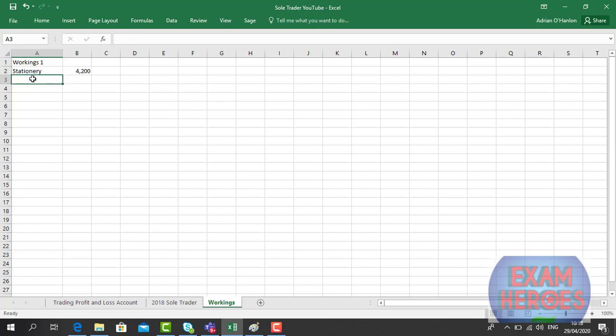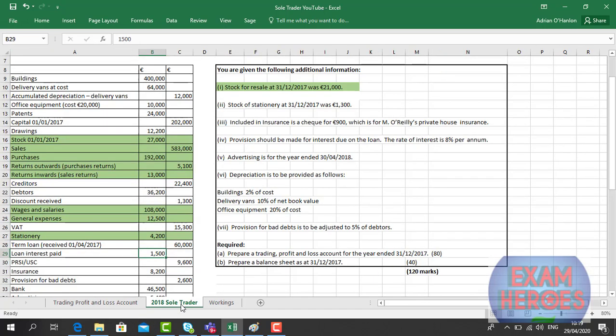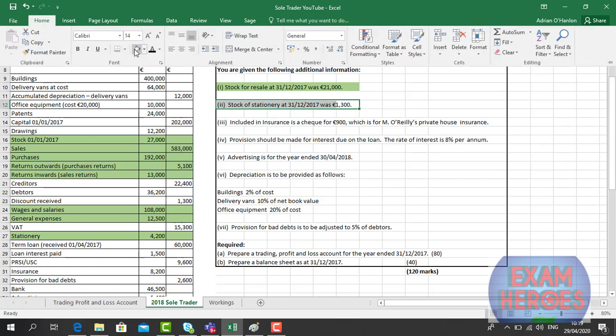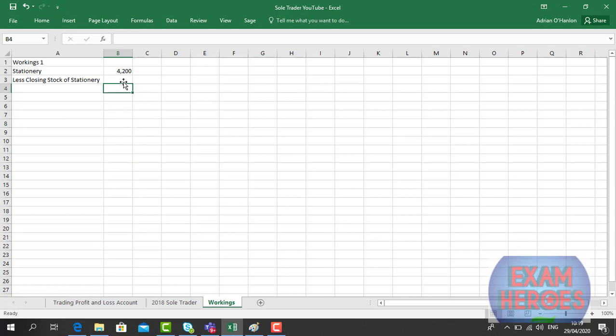Okay, less closing stock of stationery. Okay, and that was 1,300 euros. Okay, so this stationery will be used for next year, so it's not part of this year's accounts.